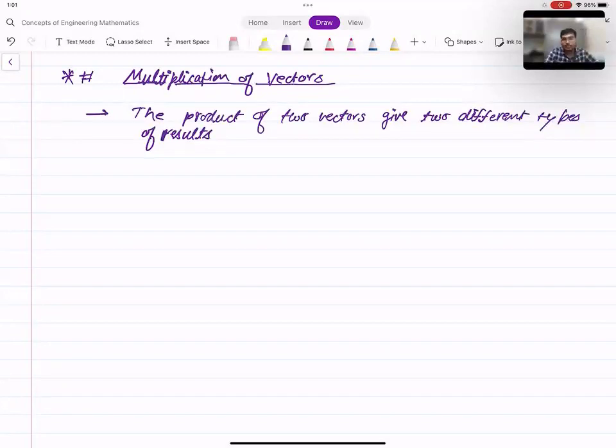So one is scalar type and the other can be obtained as a vector.